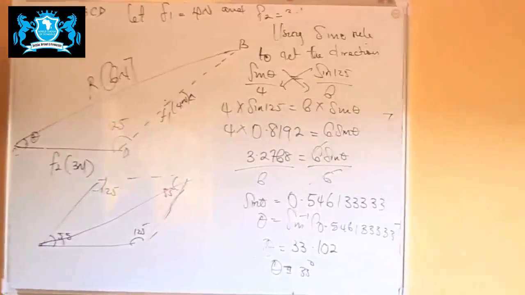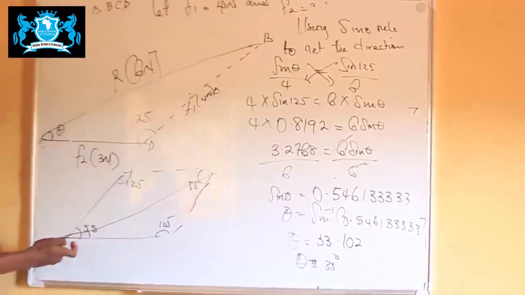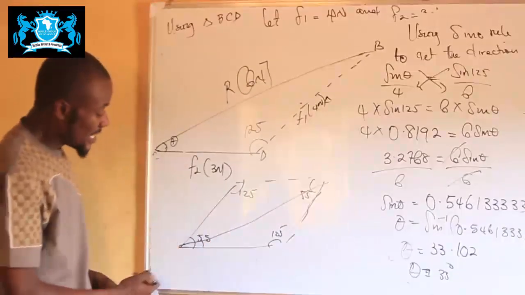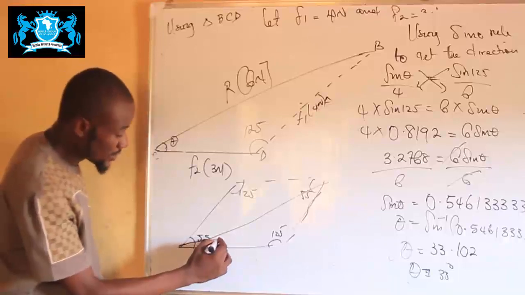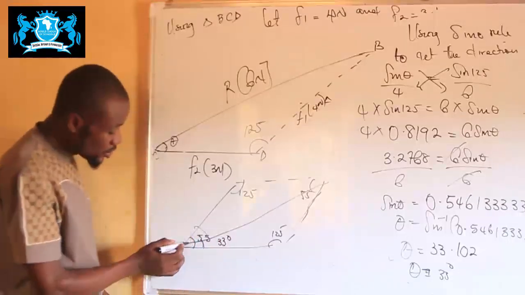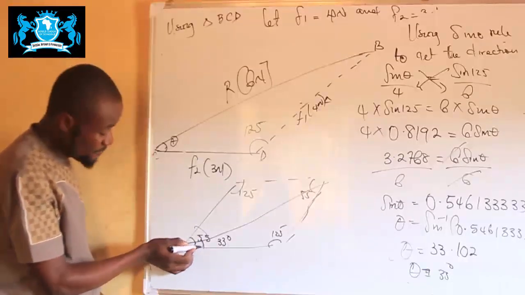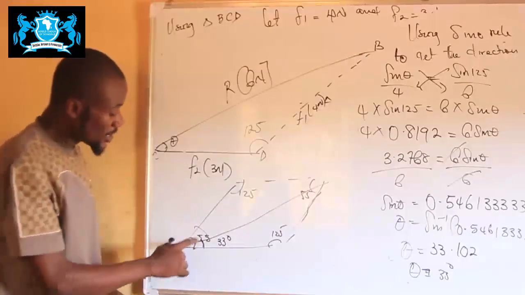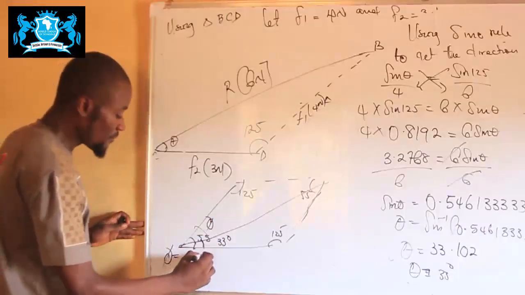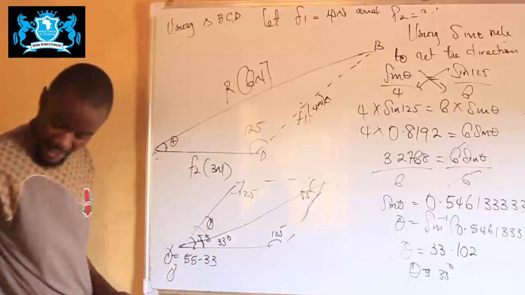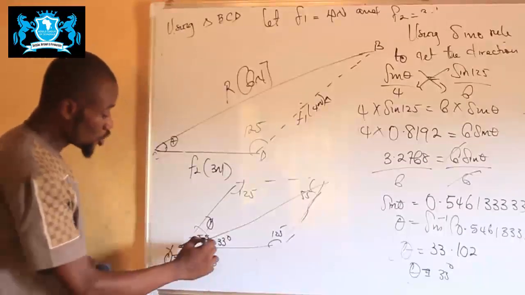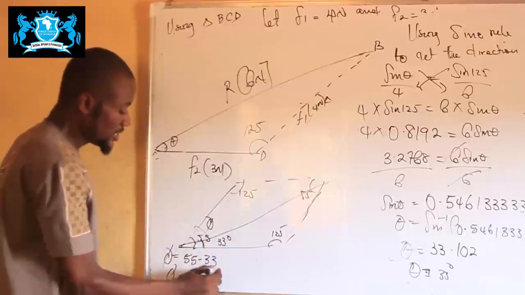Now you can remember that this resultant force was carved out in between an angle of 55 degrees. Now we have gotten here to be 33 degrees. Can we get here? Yes. Since from here to here is 55 and from here to here is 33, getting this side, let's call it phi, phi will be 55 minus 33, which gives us 22 degrees.